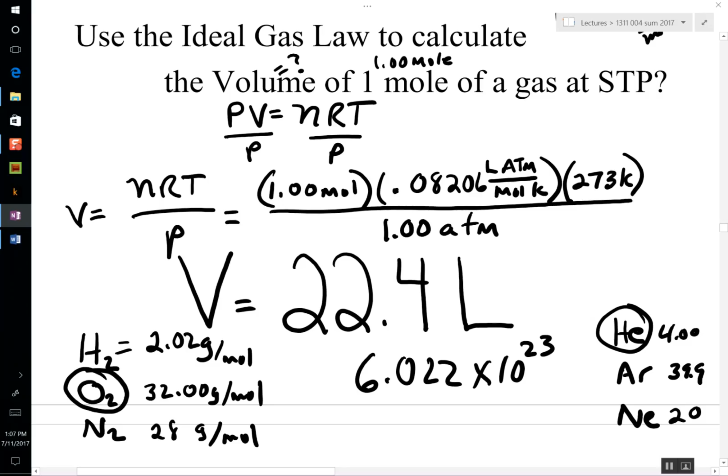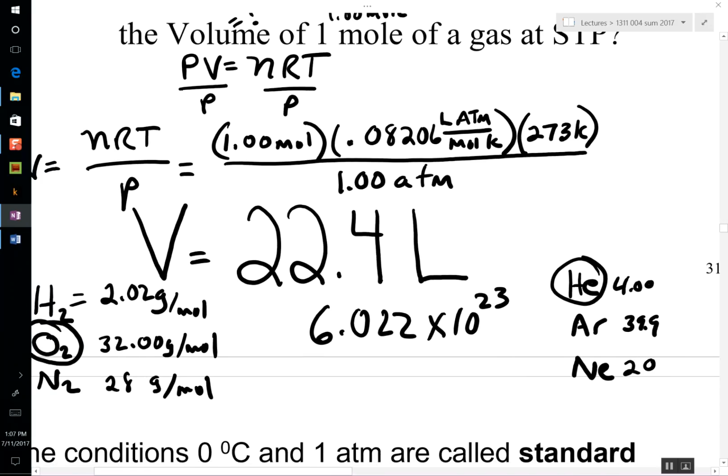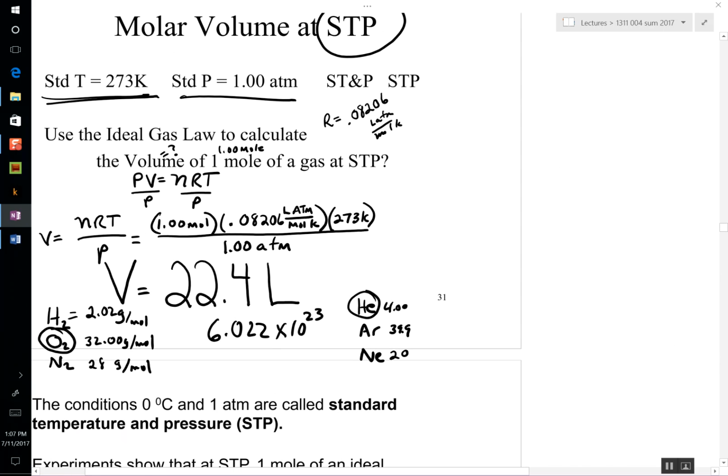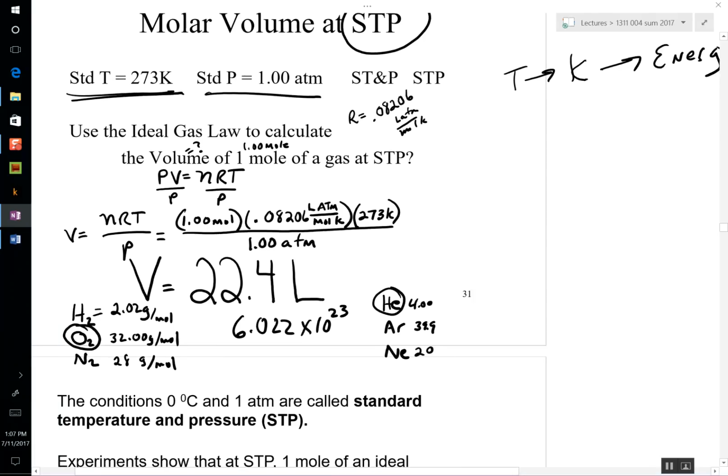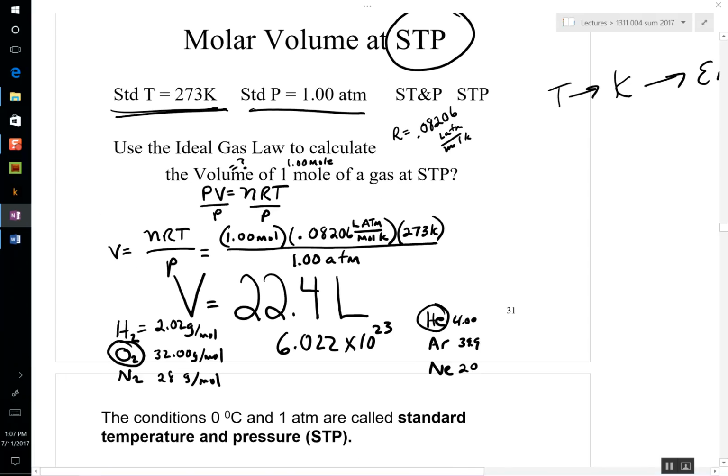All right, but what's going on here? I mentioned a little while ago that temperature in Kelvin is proportional to energy. So at standard temperature, 273 Kelvin, all of those gases would have the same amount of kinetic energy.